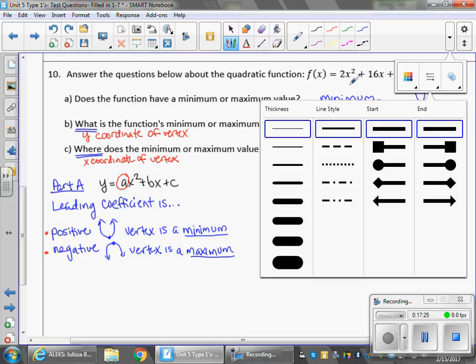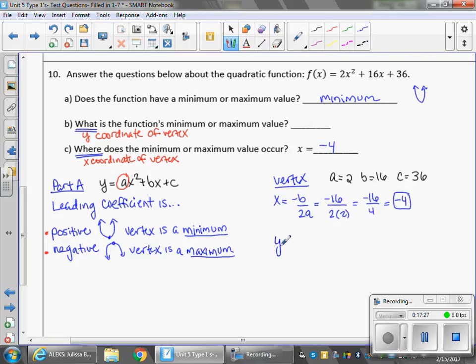Now let's find the answer to B. Let's go ahead and find the y coordinate. So if x equals negative 4, we plug it back in. So when we say y, we're also, for practice of function notation, it's f of negative 4. So 2 times negative 4 squared plus 16 times negative 4 plus 36. Okay, please click pause.